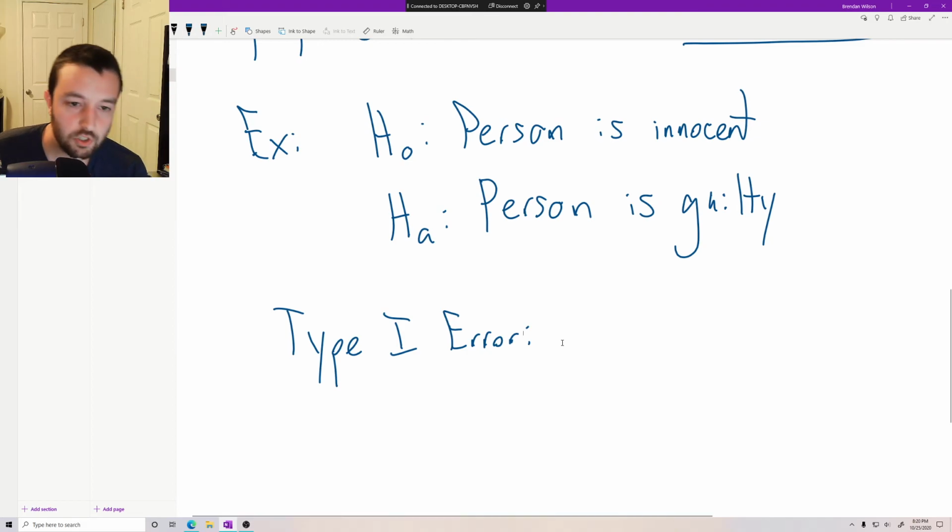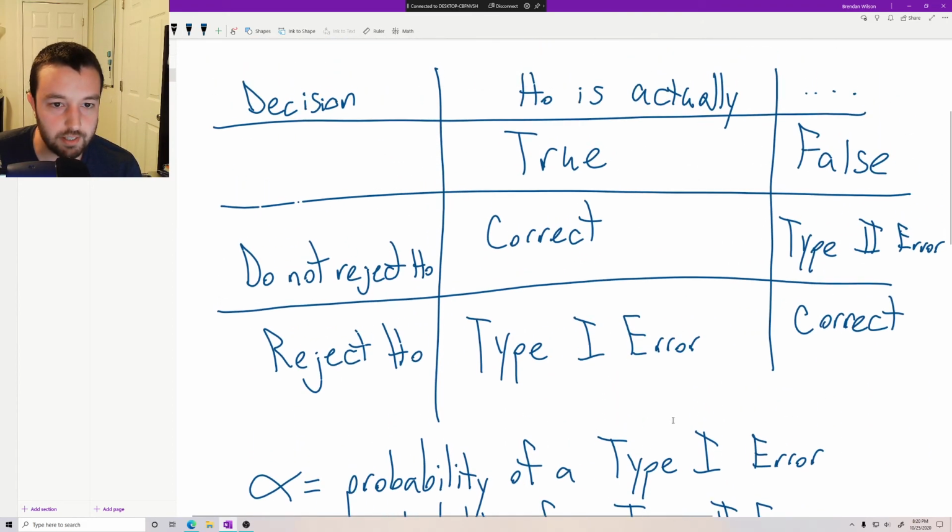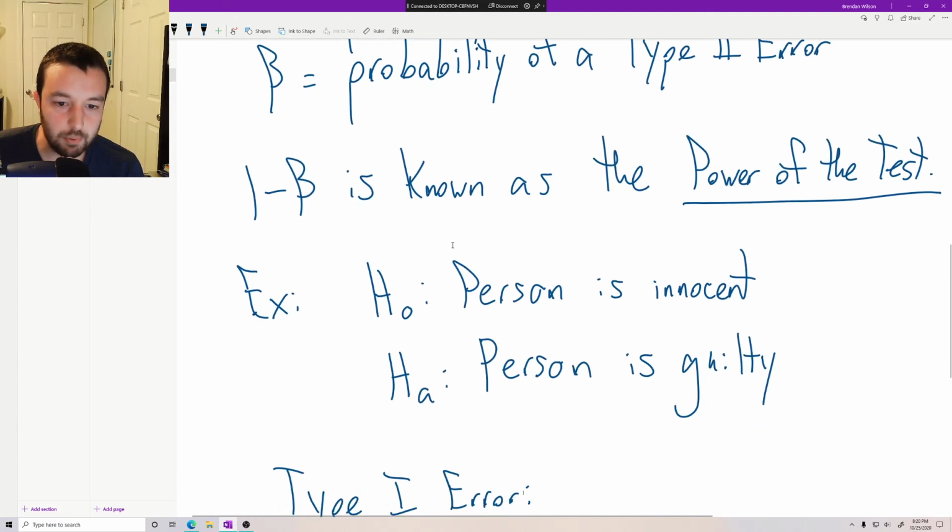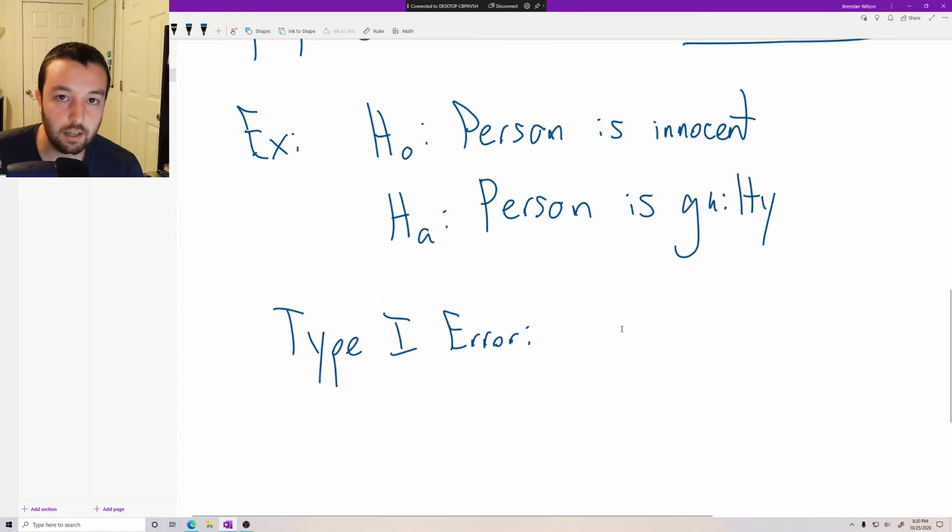Okay. So a type 1 error, going back to our chart, is that we reject H naught even though it's true. So that means the person is innocent, but we say that they are not. Okay.